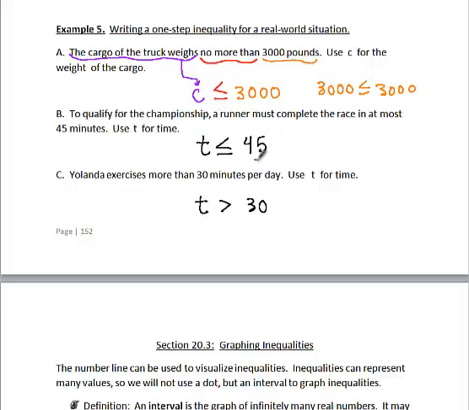Okay, and keep in mind that you could see these reversed.